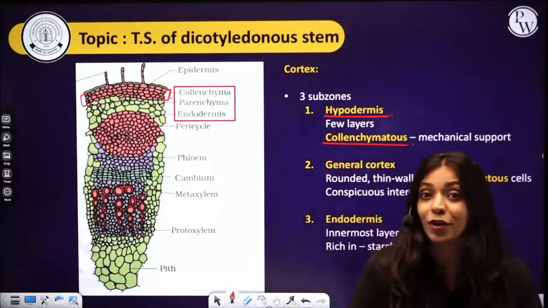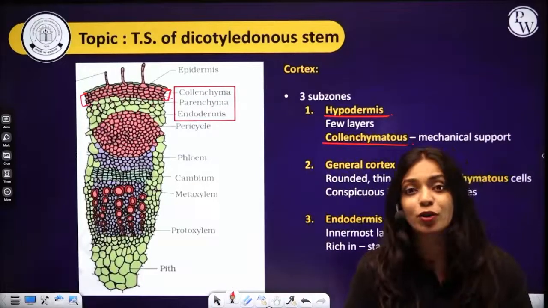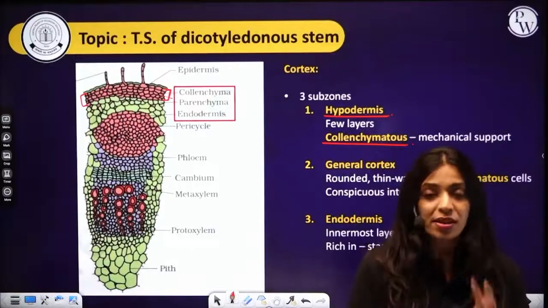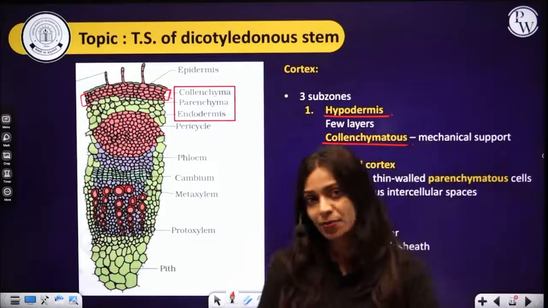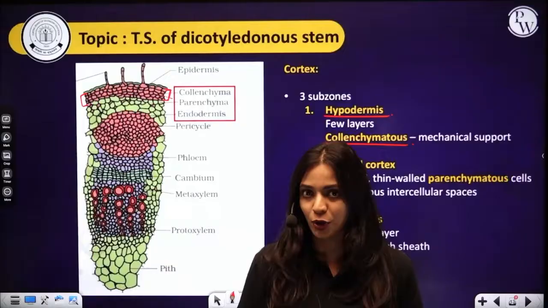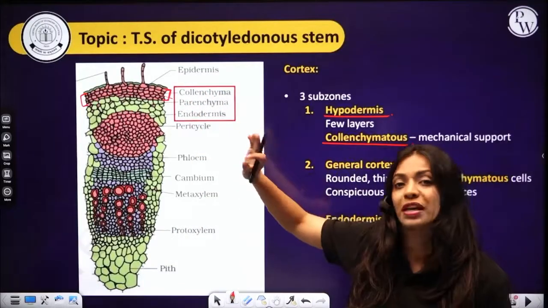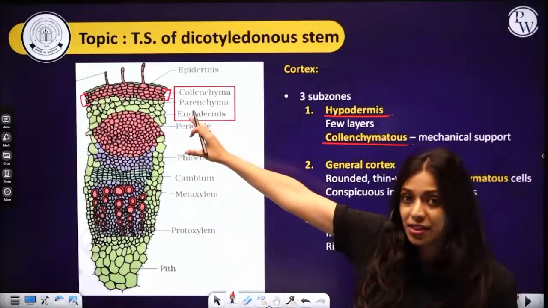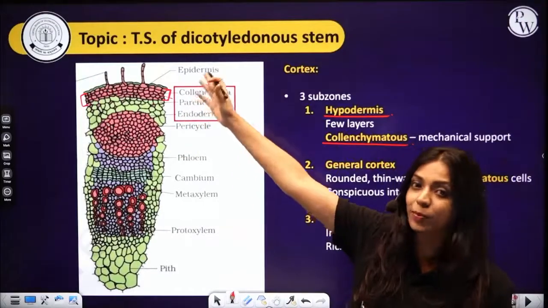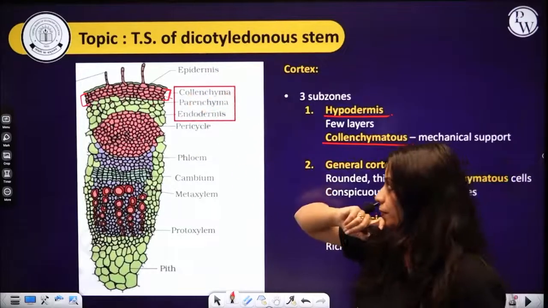Remember when we spoke about collenchyma in the previous lecture, I told you that it is found only in dicots, and mostly you find it in the dicot stems just below the epidermis in the hypodermis. So this is exactly where you can find collenchyma tissue. You find this in young stems, and this provides mechanical support and a little bit of flexibility to the plant.